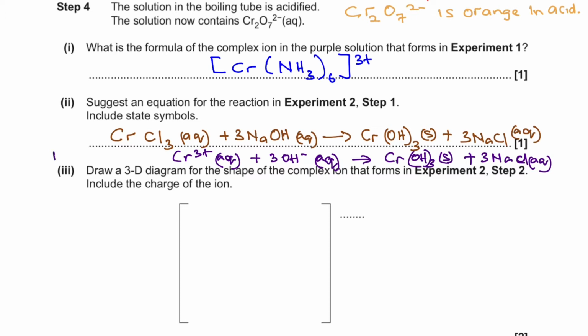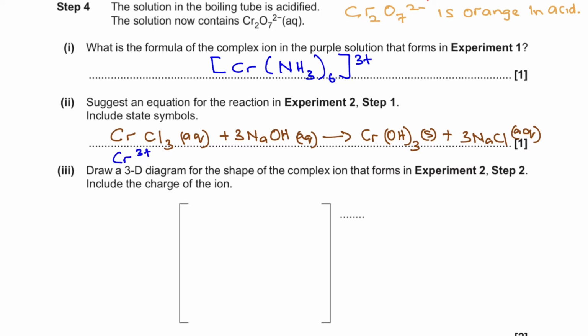We could write the ionic equation for that one by saying Cr3 plus aqueous plus 3OH minus aqueous gives Cr(OH)3, which is solid, and that will be the ionic equation.